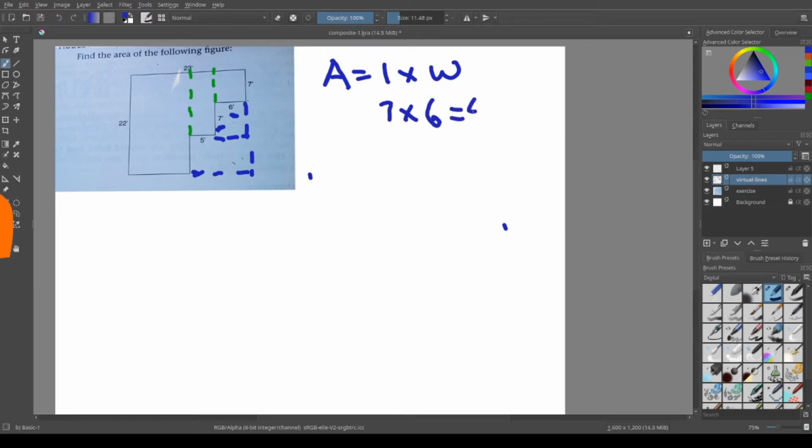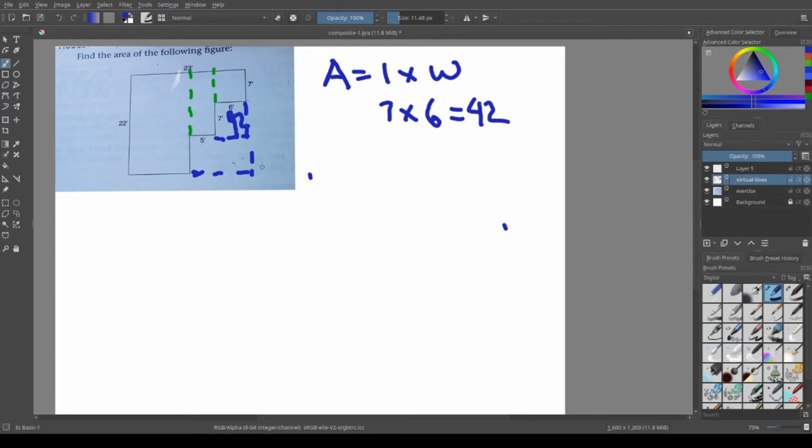So I say 42. So that first area, I can just say the area for this is 42.